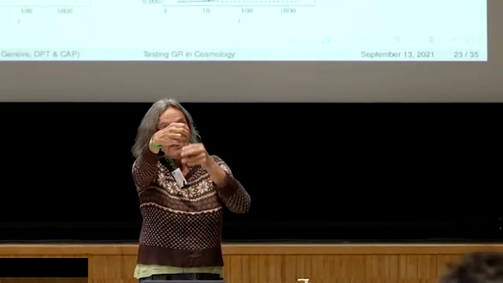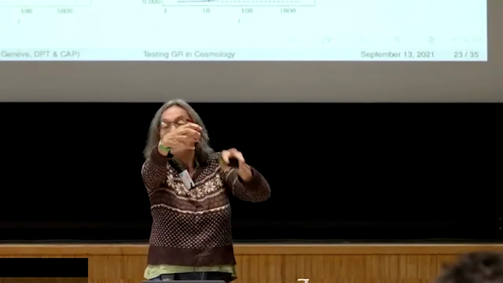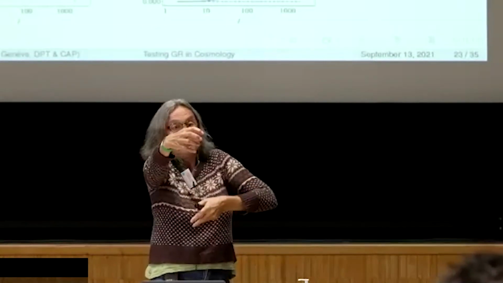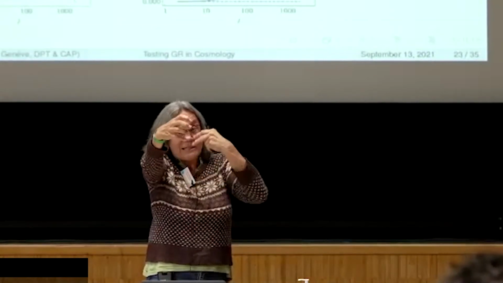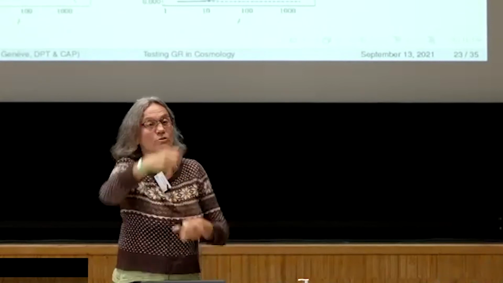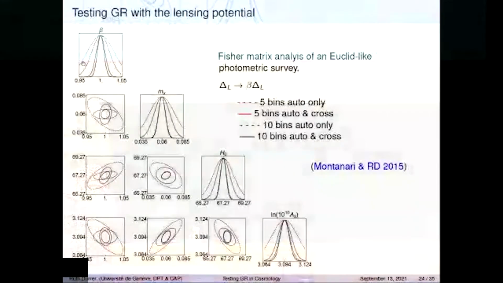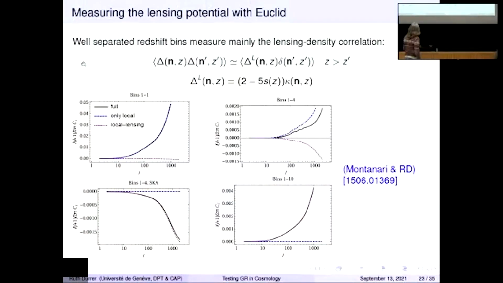However, the light which comes to us from this background bin has gone through the over or under density in the foreground, and therefore its lensing term will be strongly affected by the density in the foreground. And we can actually measure the correlation between density and the lensing term.